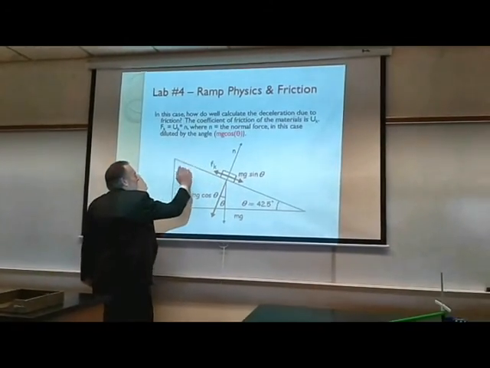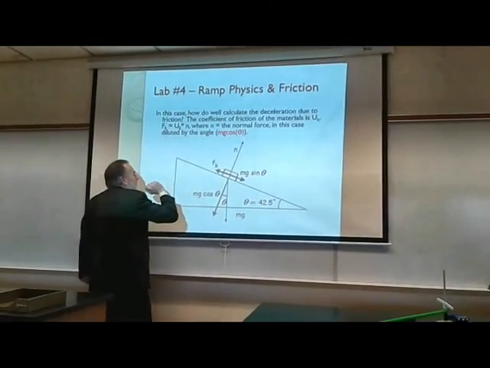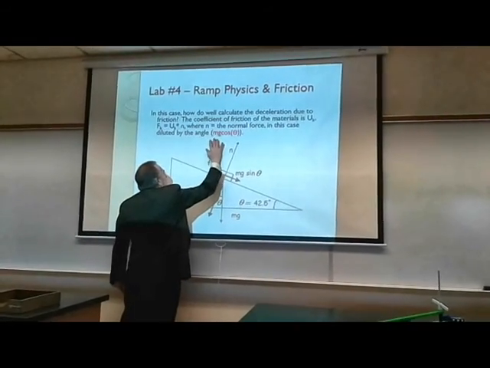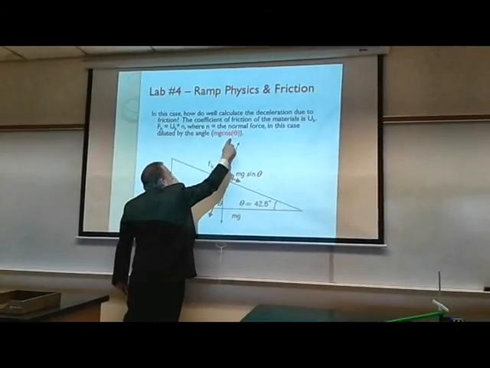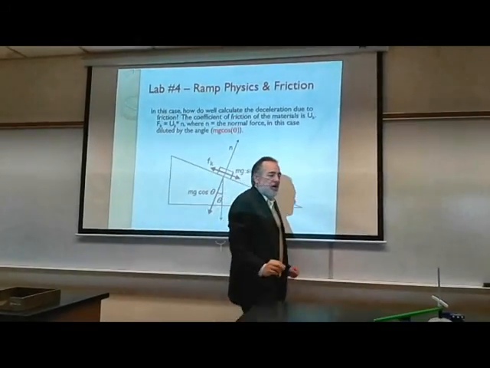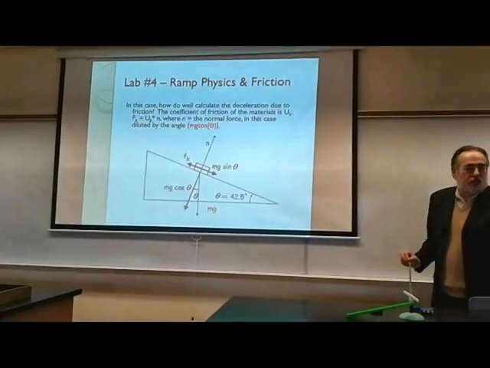The force of the friction is opposite of the acceleration down the ramp, and if we say F equals ma, the acceleration up the ramp is just g times cosine of the angle times the coefficient of friction.